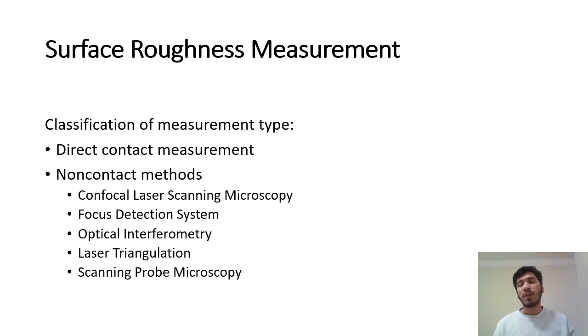So you don't have the limitation of possibly damaging those surfaces that you have with the contact based method. We will see how the contact based surface roughness tester works, and we'll talk about its principle in the upcoming slides.